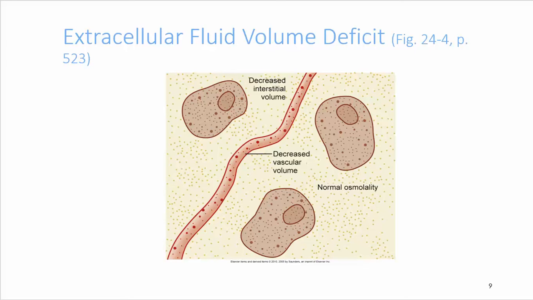So that turns into being 135 to 145 milliequivalents per liter. Anything less than that is hyponatremic, and anything more than 145 is hypernatremic. So these ECF volume imbalances are known as saline imbalances.